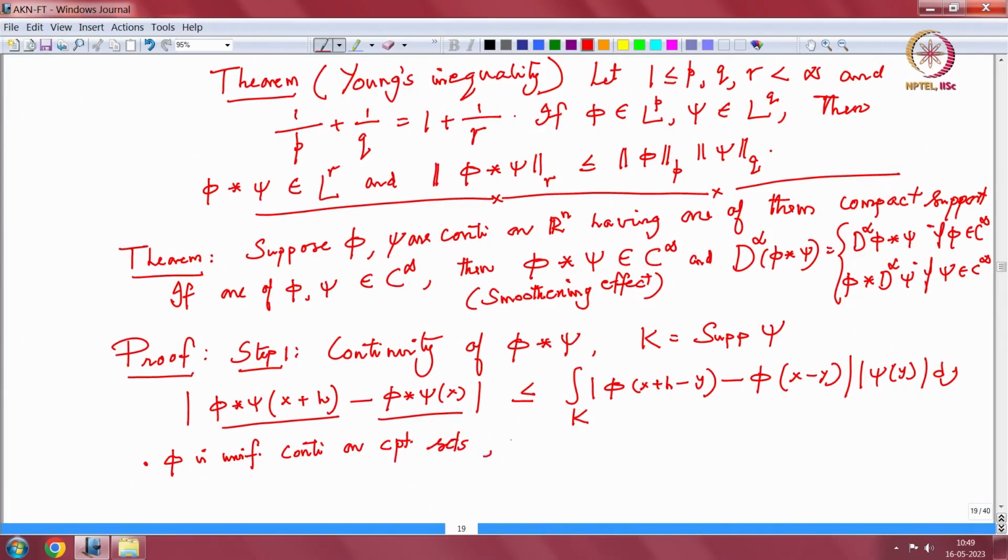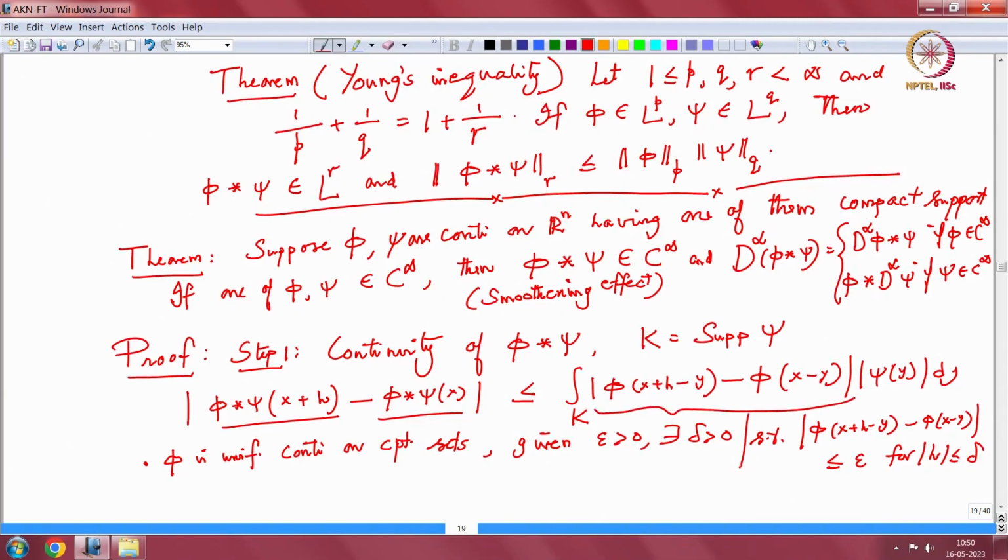Okay, given epsilon, you apply this: there exists delta positive such that the modulus of phi of x plus h minus y minus phi of x minus y, if you are applying the inequality at the point x minus y, keep all that in mind, small changes, is less than or equal to epsilon for mod h less than or equal to delta. So, by choosing h small enough, you can make this small.